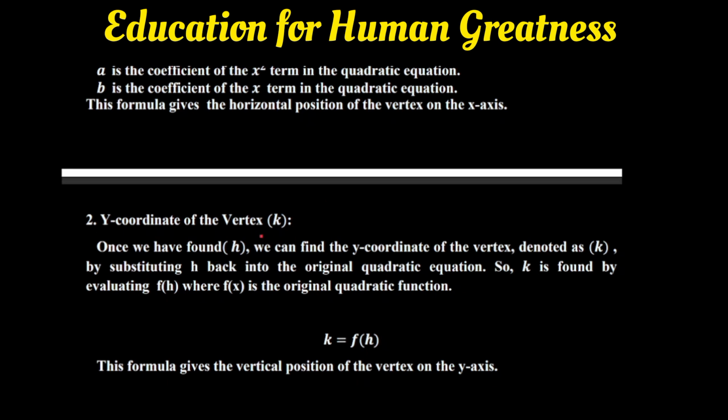After calculating h, that means the x coordinate of the vertex of the parabola, we can put this value in our equation and then find the y coordinate. That means k.